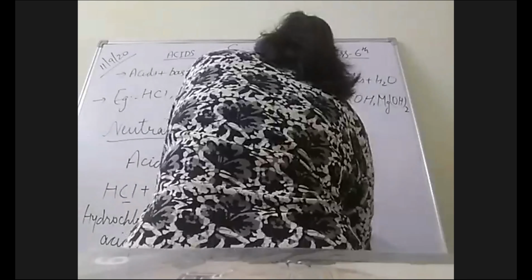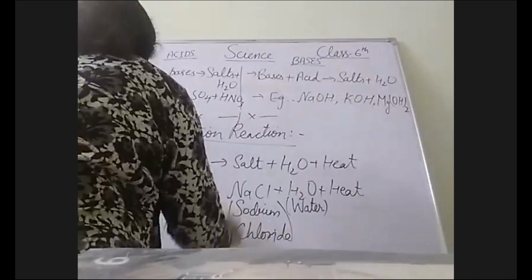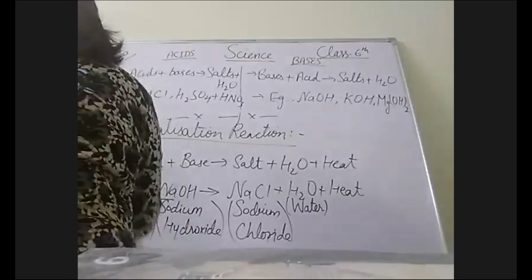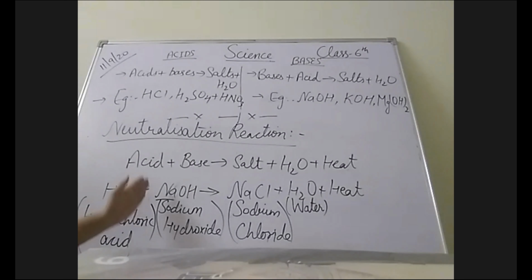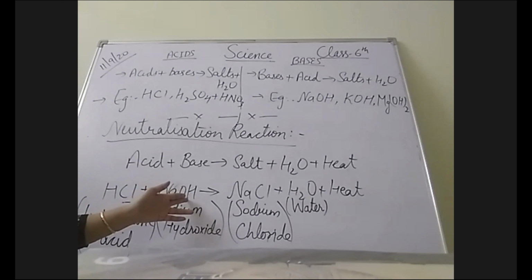This is water. You should know that the formula for hydrochloric acid is HCl, sodium hydroxide, NaOH. Na is sodium and OH is hydroxyl ion. Okay, so this is the neutralization reaction, right?